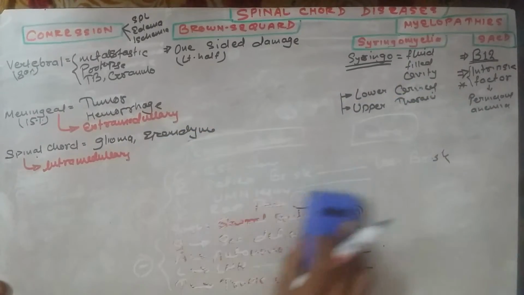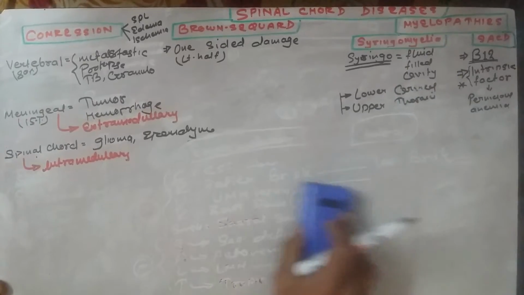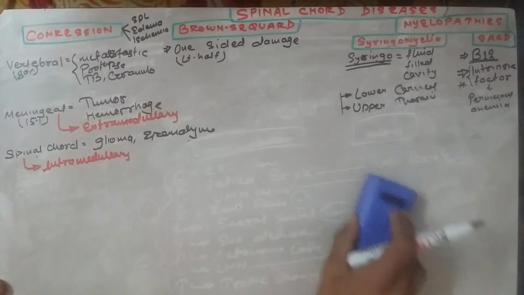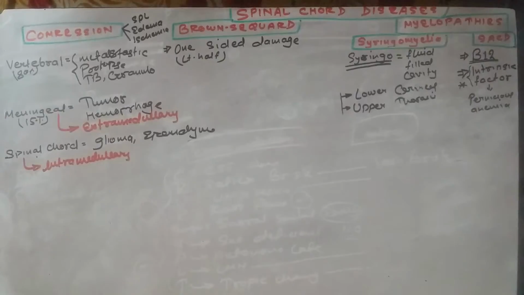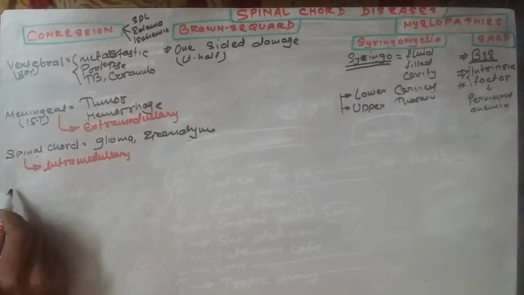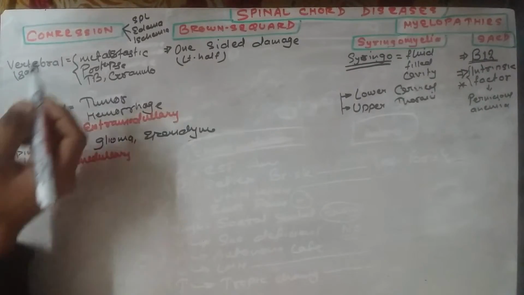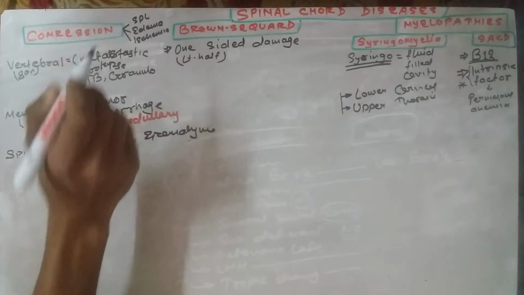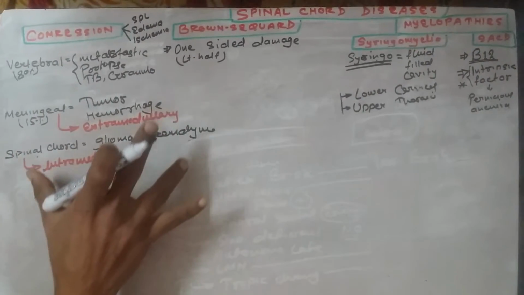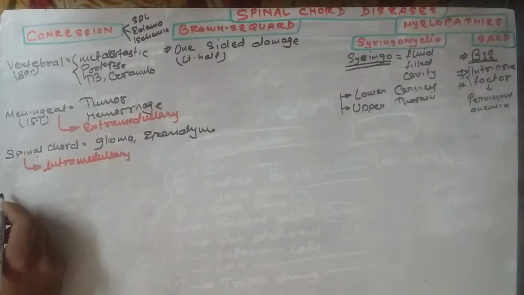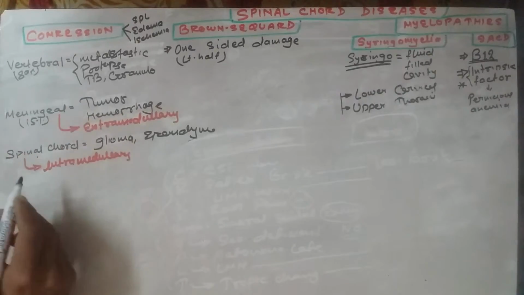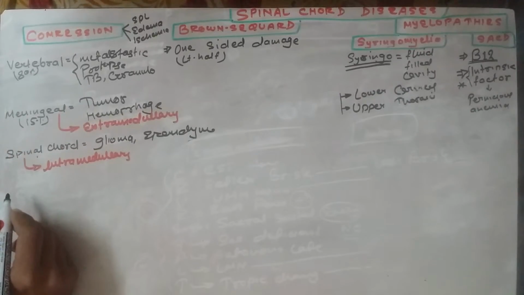So for the management, we need to diagnose the compression of the spinal cord. And speaking about the manifestation, the clinical presentation of the patient differs according to the site of the spinal nerves.